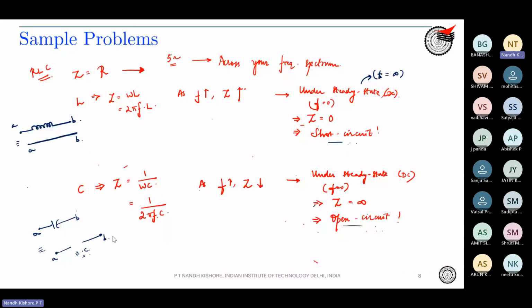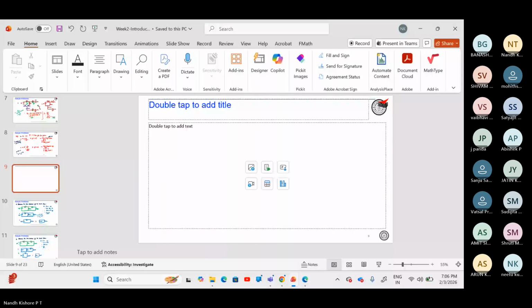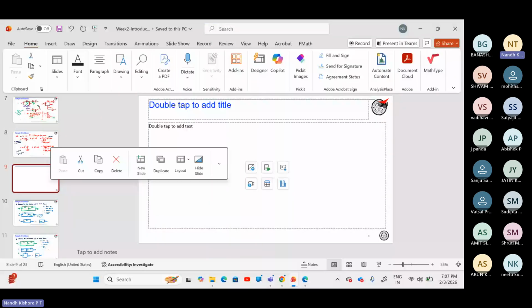Let's say you take a 10 volt source. You connect a resistor and you connect an uncharged capacitor.